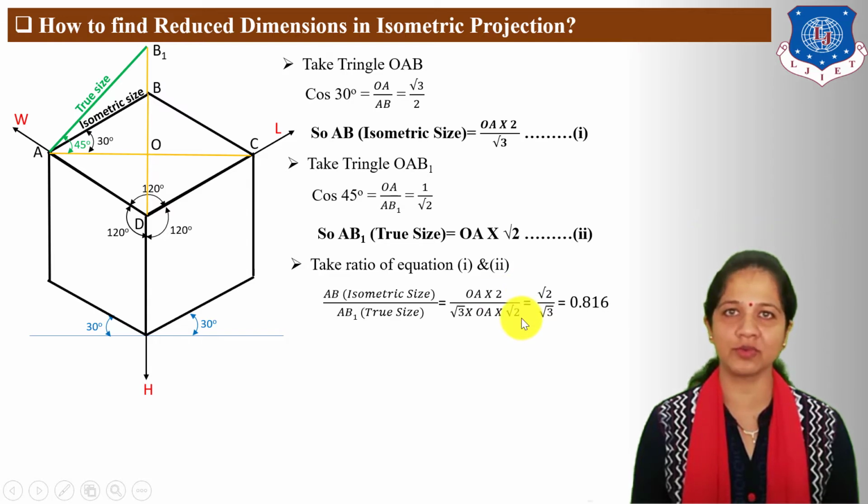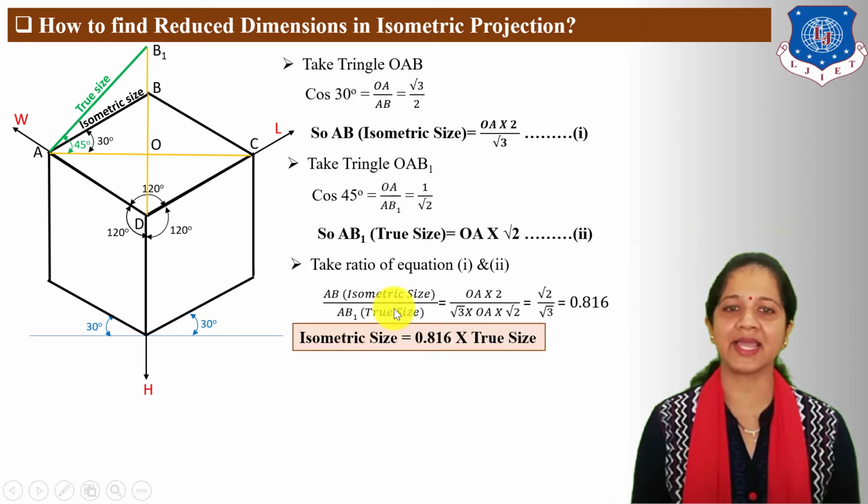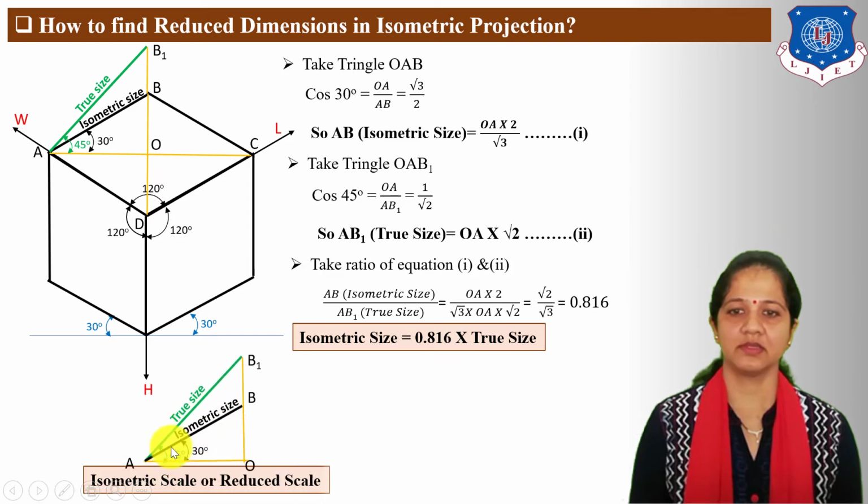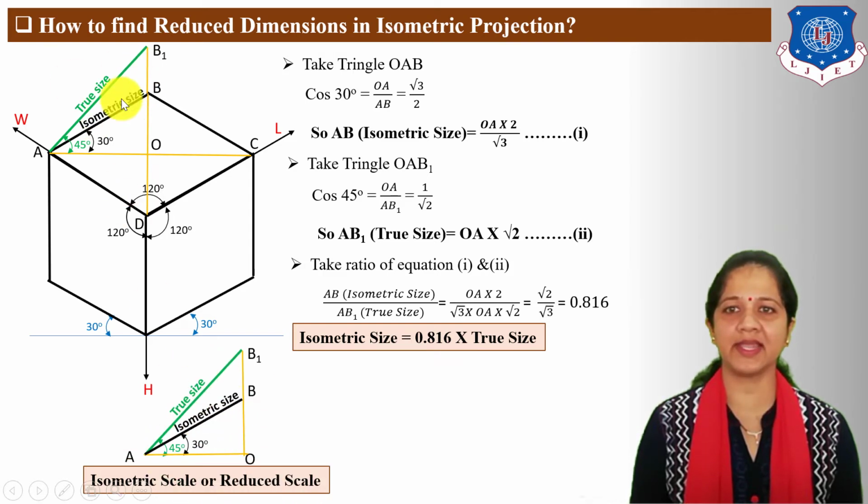So root 2 cancels. So the final value is root 2 divided by root 3, which is equal to 0.816. So isometric size is equal to 0.816 into true size. So isometric size is reduced by 0.816. This indicates the isometric scale or reduced scale.